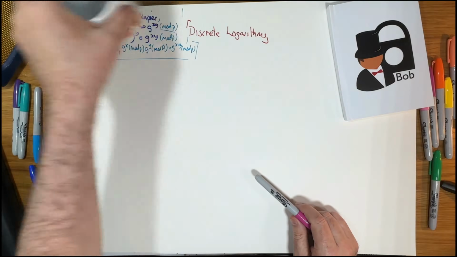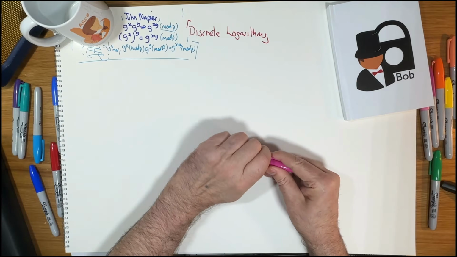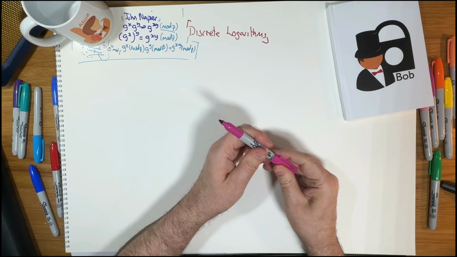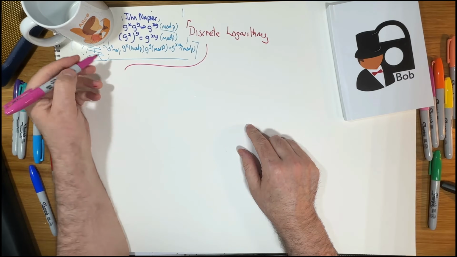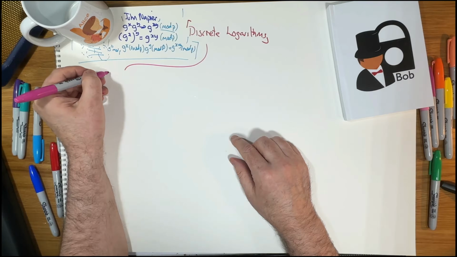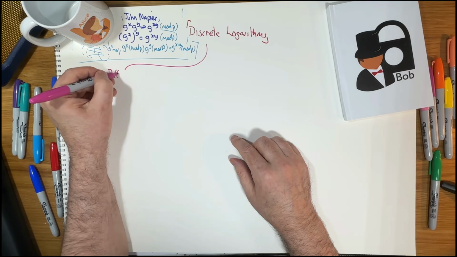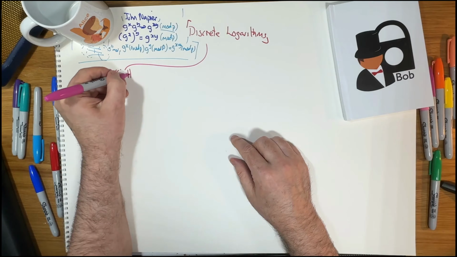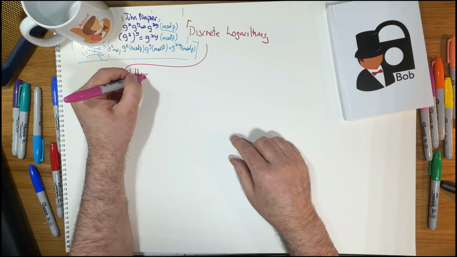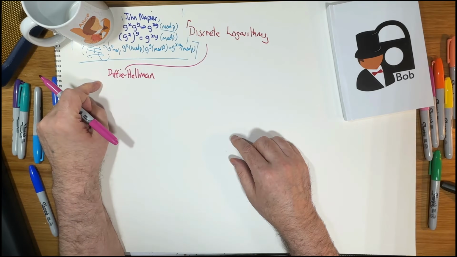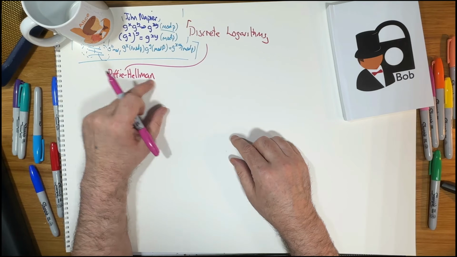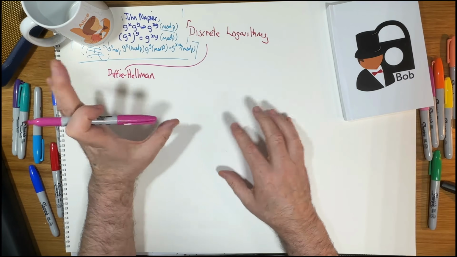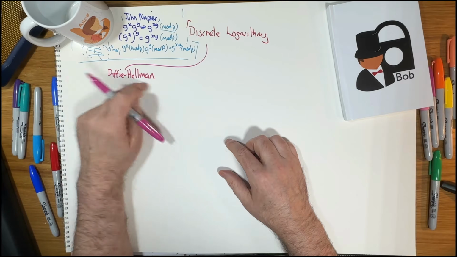Okay, so let's look at the three main areas that we apply discrete logarithms into cryptography. And the first one is in key exchange. And with this, we have the Diffie-Hellman method, created by Whitfield Diffie and Marty Hellman around 1977.